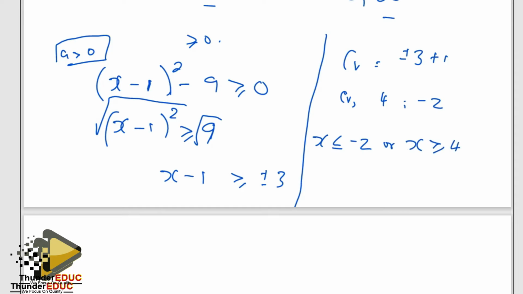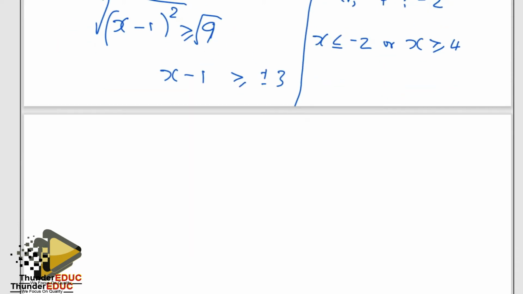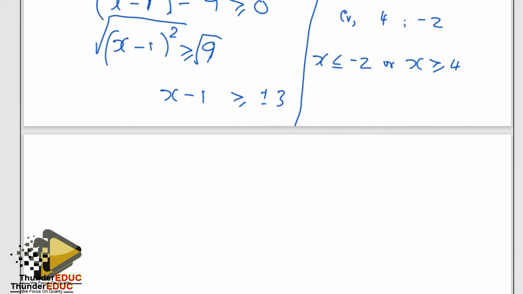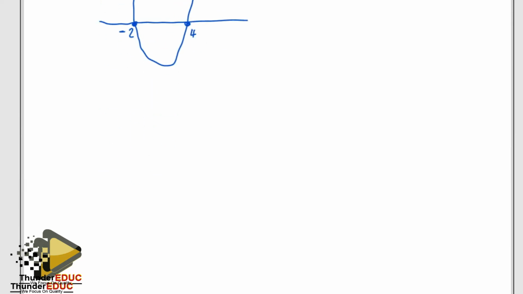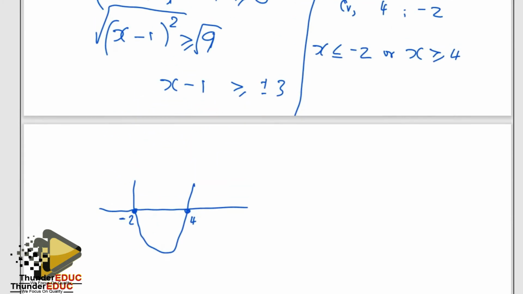For candidates that prefer to use the diagrams of the parabola and things, if I'm to sketch my parabola, I'm going to end up with something like this. This is a -2, and then this is our 4. Now they're asking us for values that are greater. So we can shade off this section or shade off that section, because that is the region of interest.